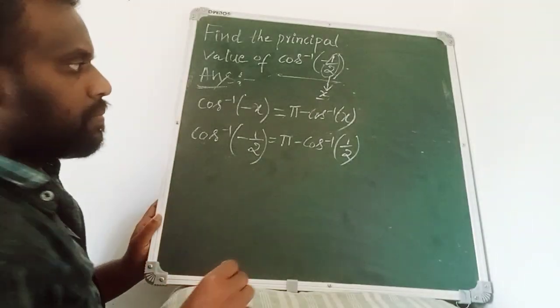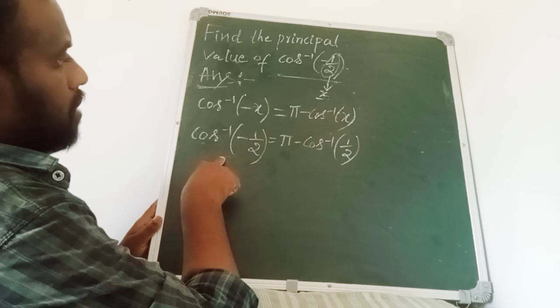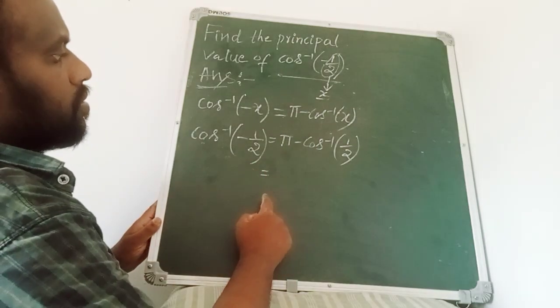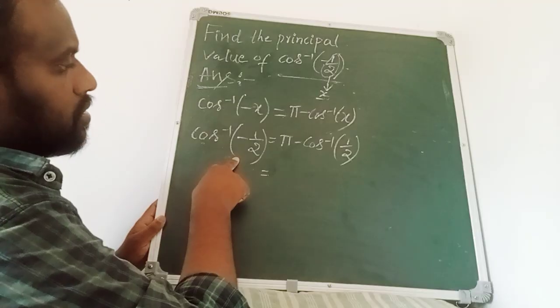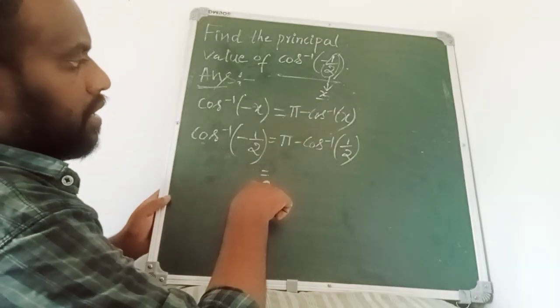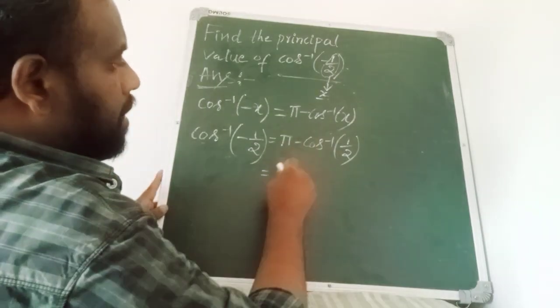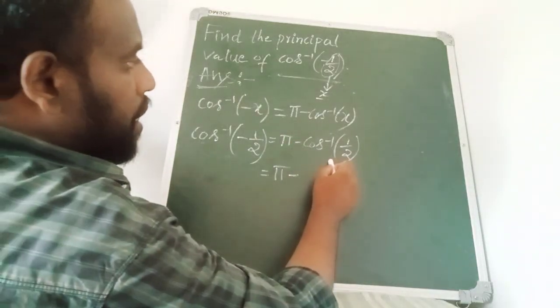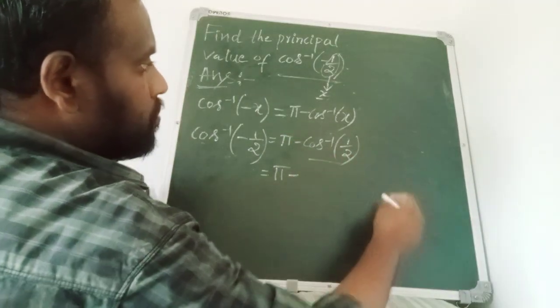I will keep this as it is here and proceed, and put the equal sign in the next step. Pi minus, okay. Now we need to find this cos inverse of 1 by 2.